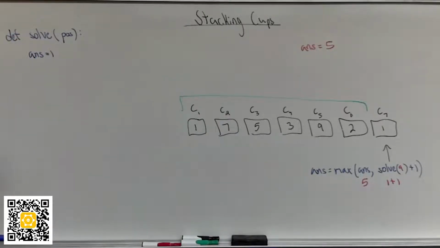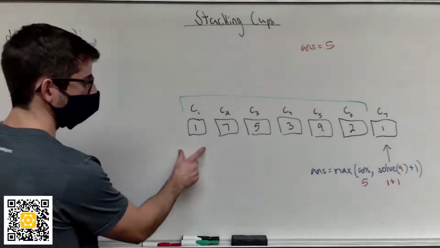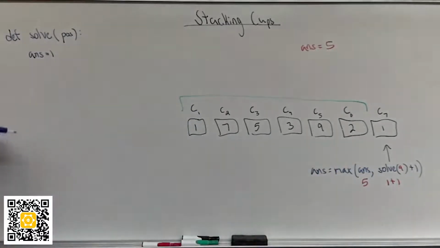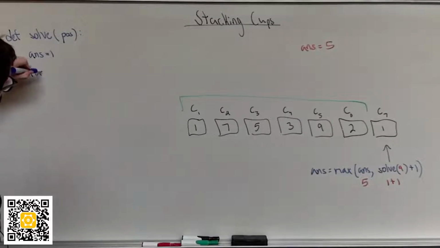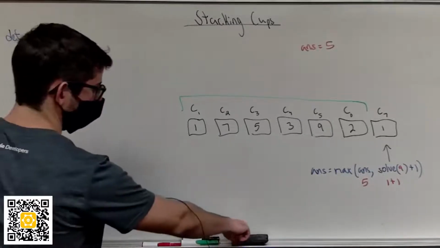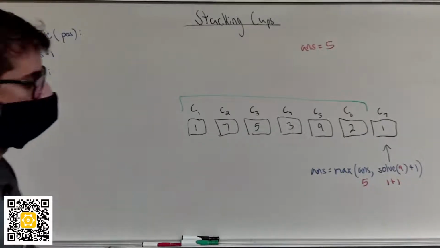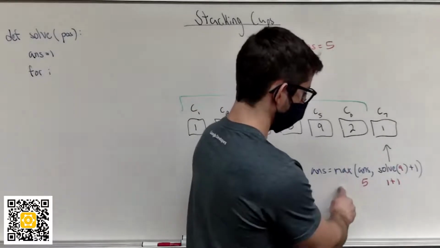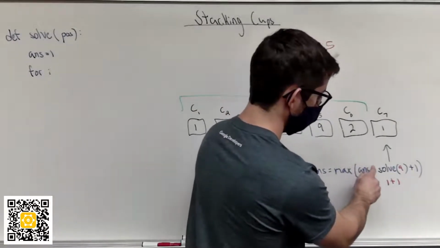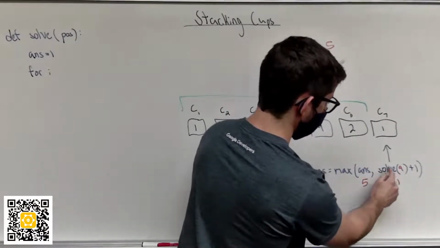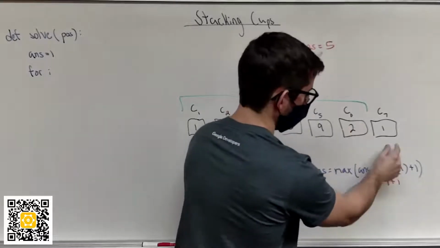And now, like you guys all agreed on, we want to do a for loop from the beginning right up before that position. If the answer is 1, then why are you adding 1? You would have to start at 0, wouldn't you? No, because you're doing the max between answer, which is 1, or whatever this solve is. So solve for 2 plus 1, including this one.